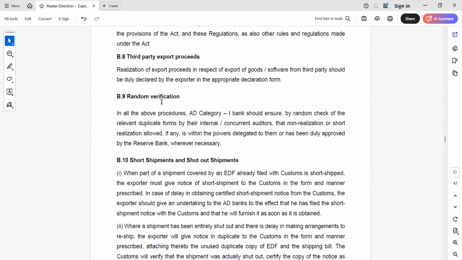Okay, random verification. In all the above procedures, AD Category 1 bank should ensure by random check of the relevant duplicate forms by their internal or concurrent auditor that non-realization or short realization allowed, if any, is within the power delegated to them or has been duly approved by the Reserve Bank.